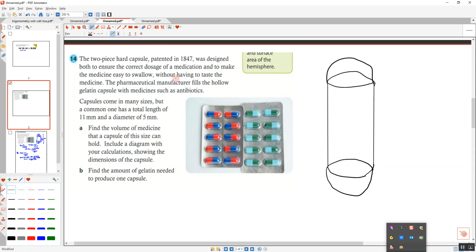So the total length of this shape, and again I will just draw it in, we are told is 11 millimeters. From top all the way down to the bottom is 11 millimeters. I will change color and put on a couple of arrowheads.